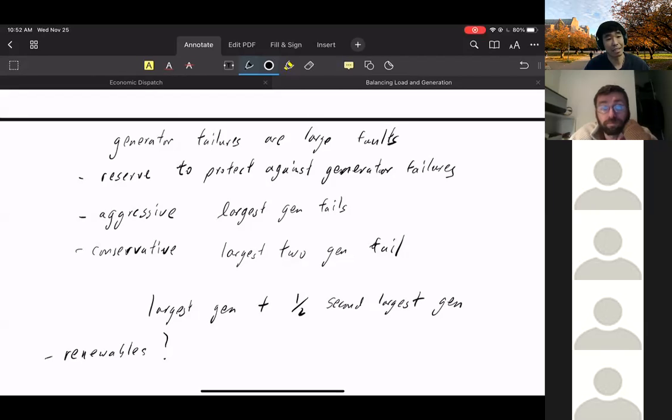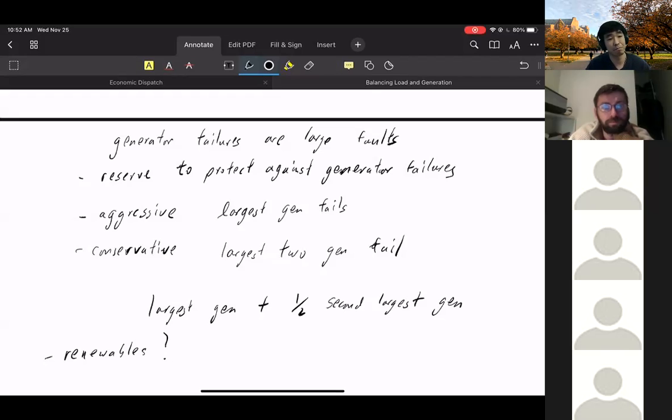How do I engineer reserves when I have things like wind and solar that can, and often do, generate no power? If you look at a wind farm for a month, there will be some day that the wind farm just generates nothing. Is that a failure? Should I buy reserve based on that?